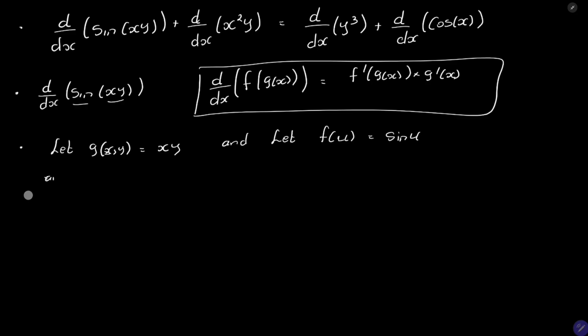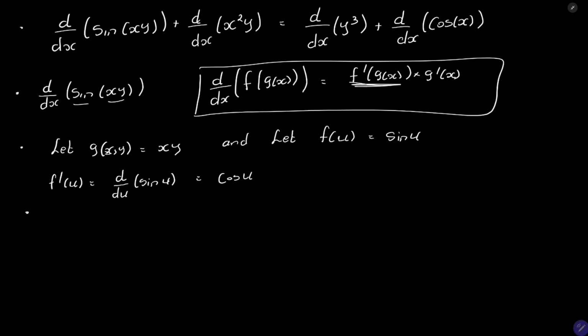So we're going to start first of all by finding f prime of u. F prime of u then is equal to the derivative with respect to u of the function sine u, which gives us, recalling the video on the derivative of trigonometric functions, it was well proven and well stated that the derivative of our function sine x, or sine u in this case, is equal to cos u.